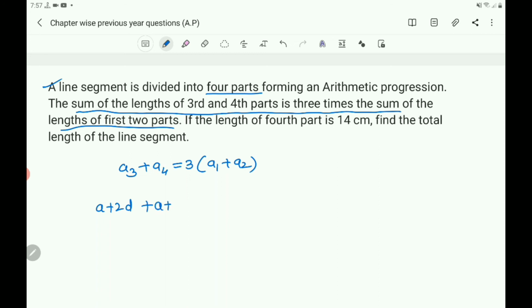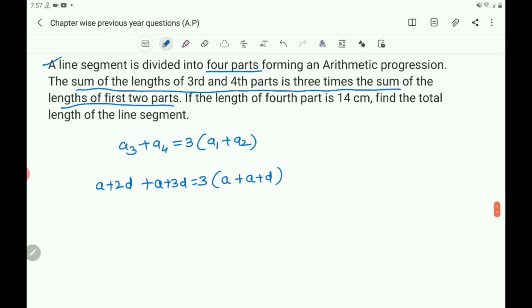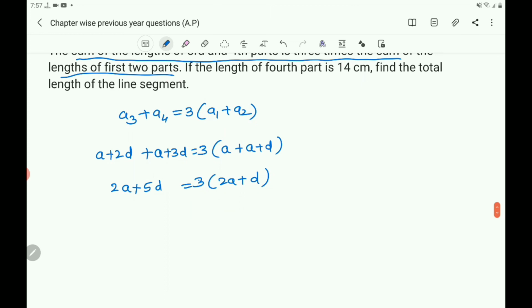A4 is A plus 3D, that equals 3 into A1 is A, plus A2 is A plus D. So you write A plus A, that is 2A, plus 2D plus 3D, 5D, equals 3 into A plus A, 2A plus D. Then you write 2A plus 5D is equals to 3 2s are 6A plus 3D.